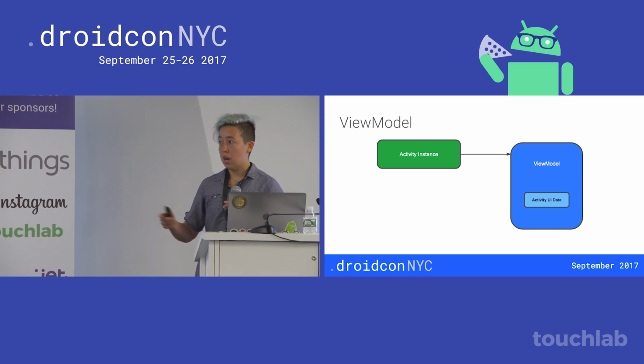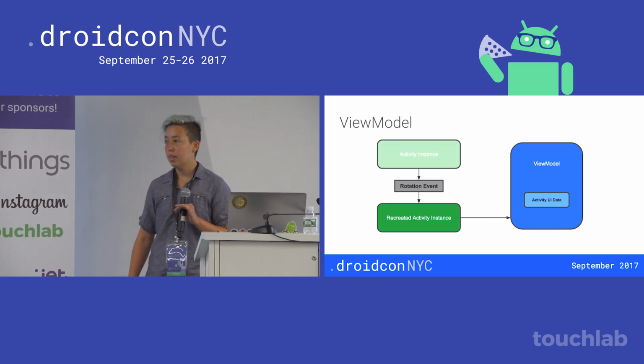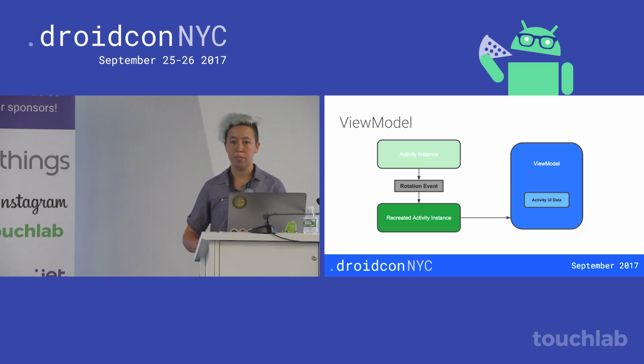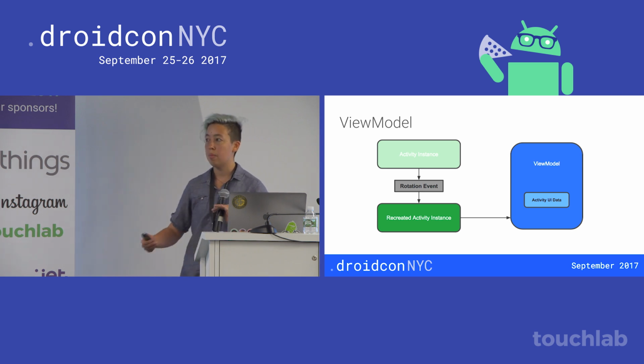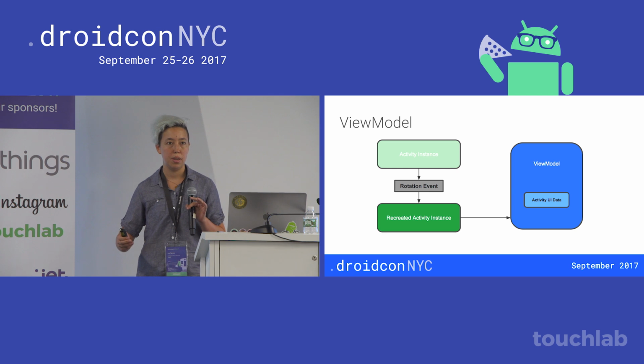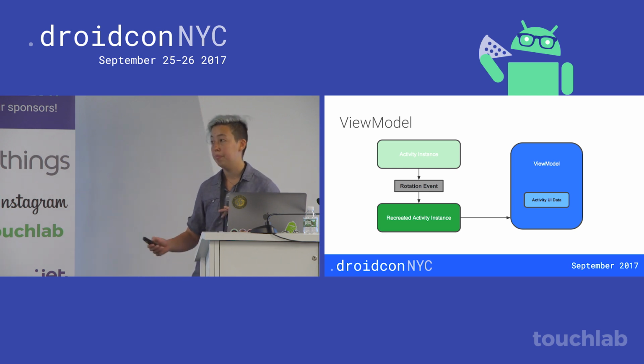And then you associate your activity with your ViewModel. Then on configuration changes, like a rotation event, the old activity will be destroyed, but the new activity has a mechanism for getting the same ViewModel instance, thus giving it access to the same data. And the data never needed to be bundled up in any way or serialized or anything, it's just there.